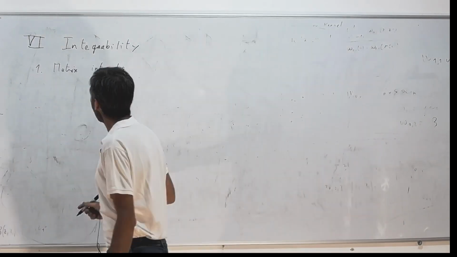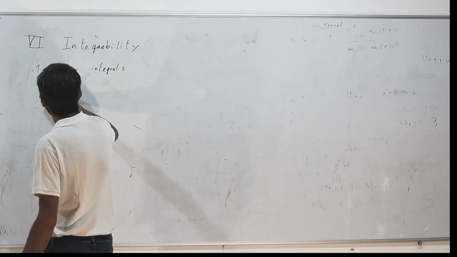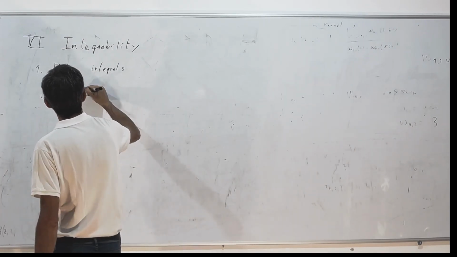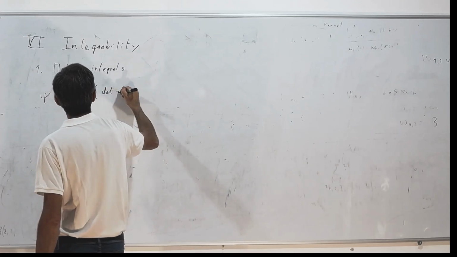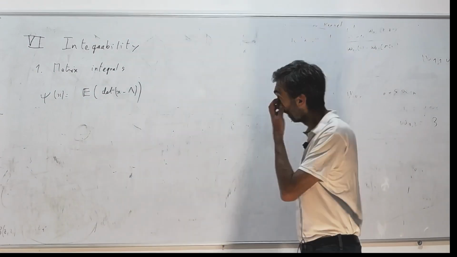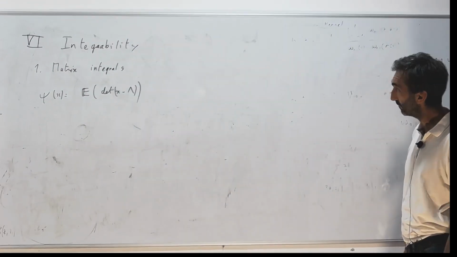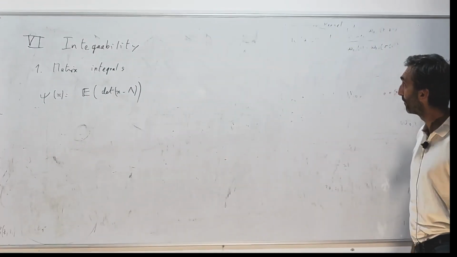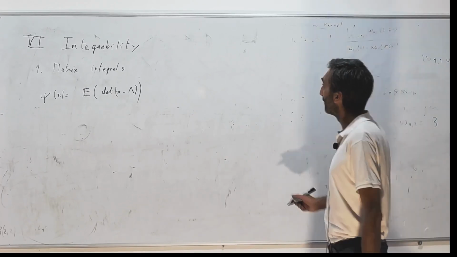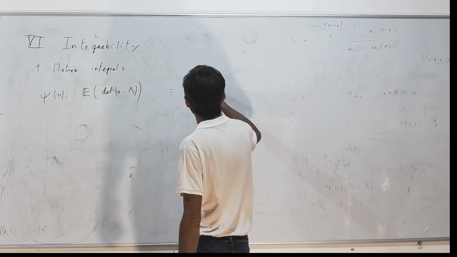Now, I already told you, let's define psi of x equals the expectation value of a characteristic polynomial. First of all, it is obvious that in a matrix model, this is a polynomial of degree n.